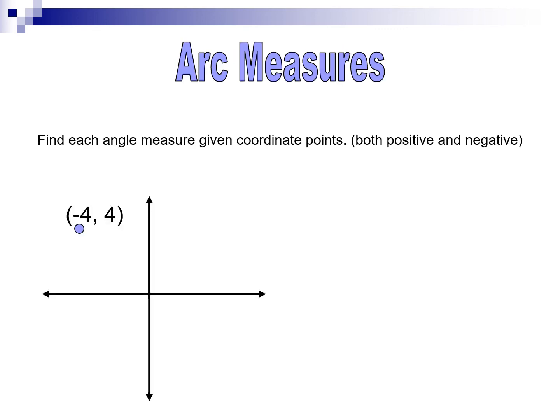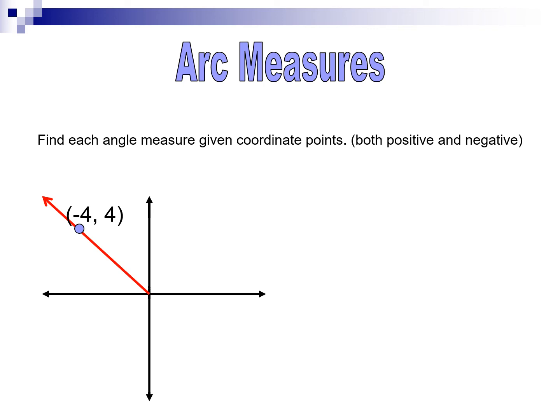All right, let's go ahead and find the angle measures just given a point on the coordinate plane. Here we are given the point (-4, 4). And they are going to ask you to find the angle measure for (-4, 4). The first thing we do is draw in the angle, going from the origin straight through (-4, 4).